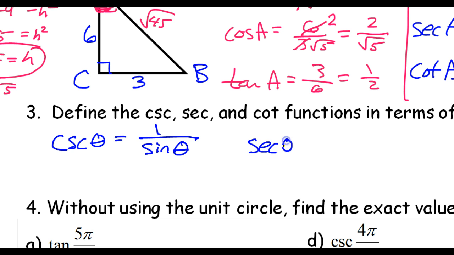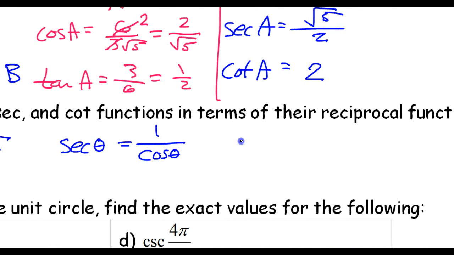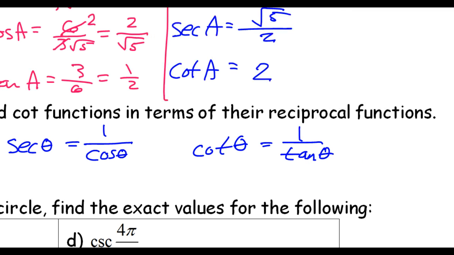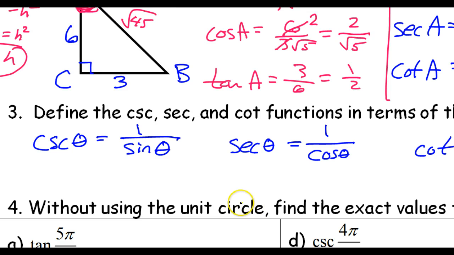Secant theta is the reciprocal of cosine, so that'll be 1 over cosine theta. And cotangent is the reciprocal of tangent, so 1 over tangent theta. That's all that is. So those are your basic trig functions.